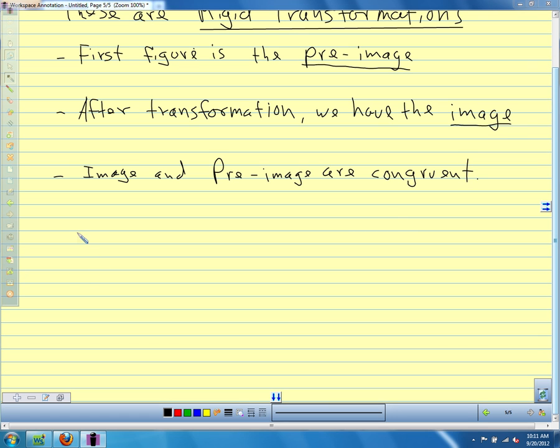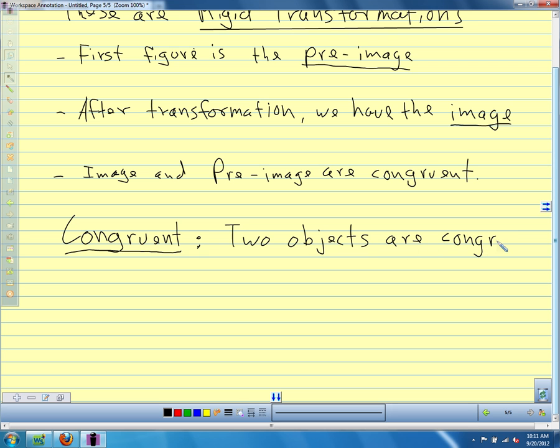So we're going to define congruent by saying that two objects are congruent when one is a rigid transformation of the other.